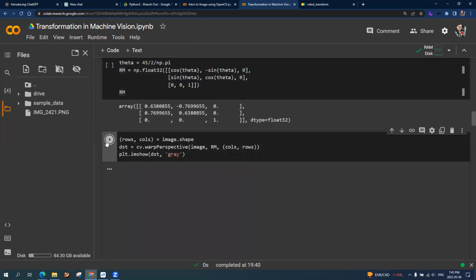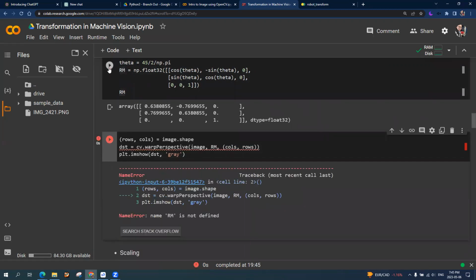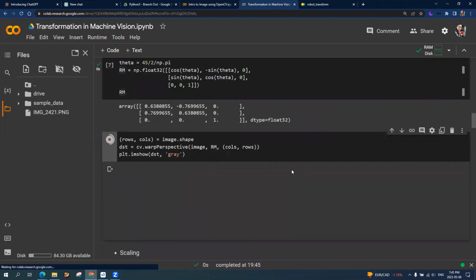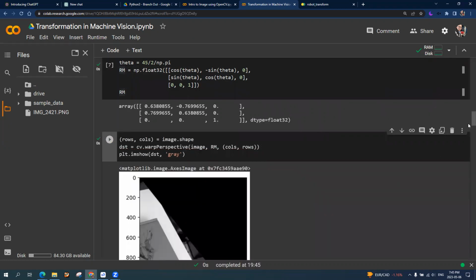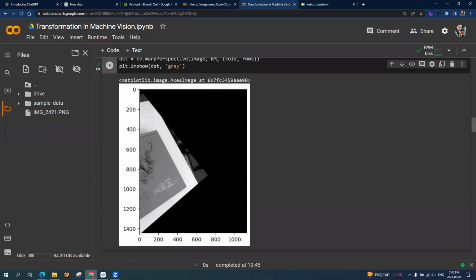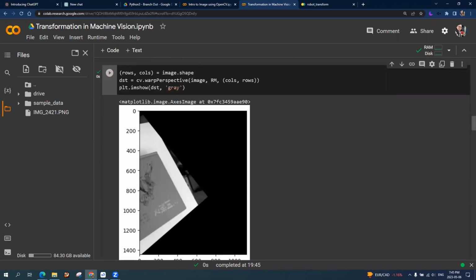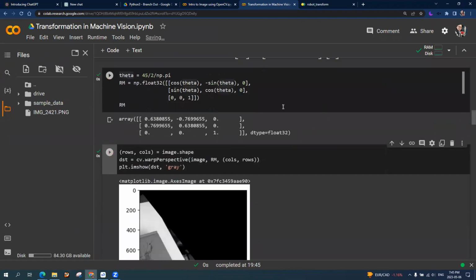Oops, I haven't run this yet. And run this. Okay, there we go. So I just rotated my image by 45 degrees. All right, so far so good. Once you get to the code part, everything is very easy, right?